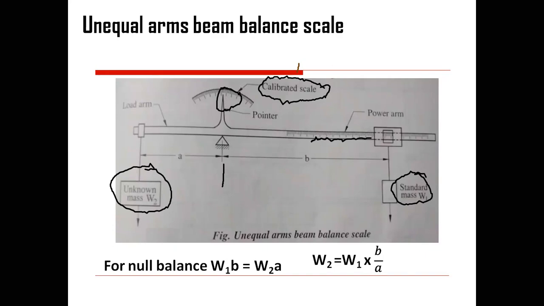If this is less, it will try to move in the upward direction. If this is high, it will try to move in the downward direction. This is the power arm.